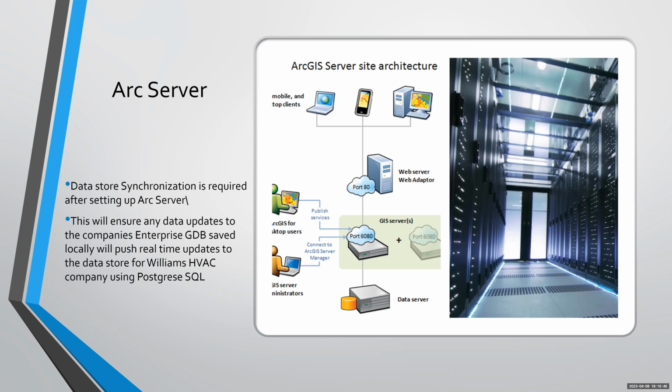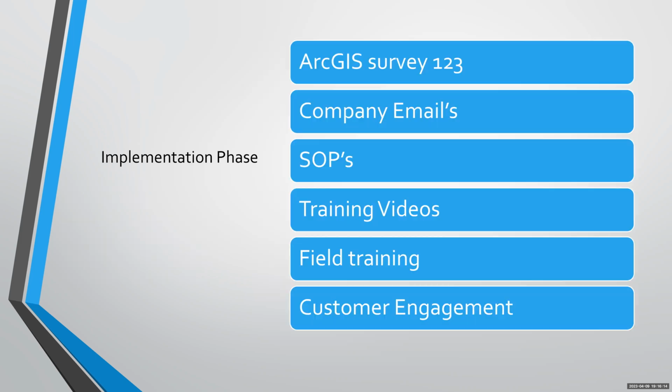For this GIS implementation program, as I already talked about, the Arc server will be installed, and then it will be hosted through ArcGIS Enterprise. And that enterprise geodatabase that's being created will sync to that data store. And it'll be a PostgreSQL open source database that will ingest the current customer data, and then during the implementation phase will actually be running to production, adding that new customer data as it's going.